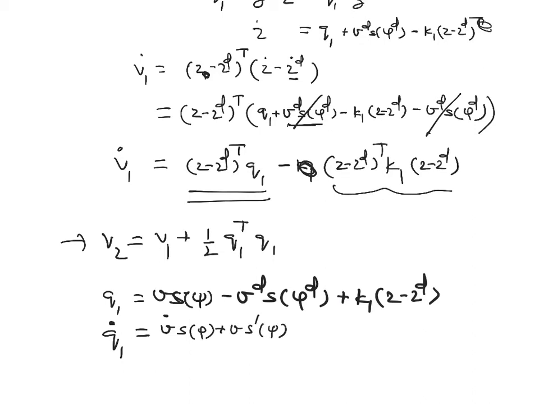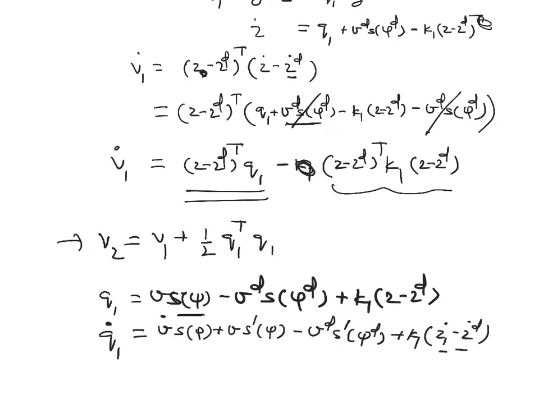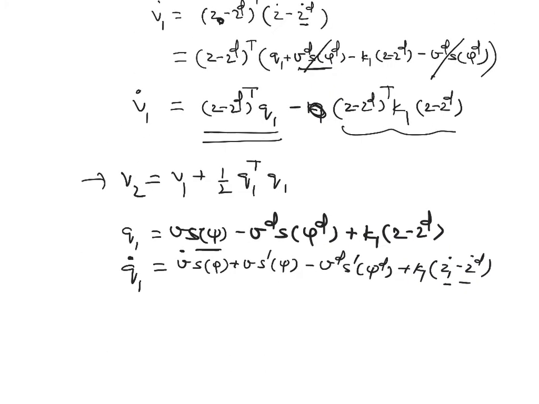Differentiation of this, and then here vd dot is 0, so that's okay, and then it will be minus vd s prime psi desired, and then here it will be plus k1 (z1 dot minus zd). Let's keep it there, maybe let's not plug things in to make things complicated, but that's the case, right? So that is q1 dot.